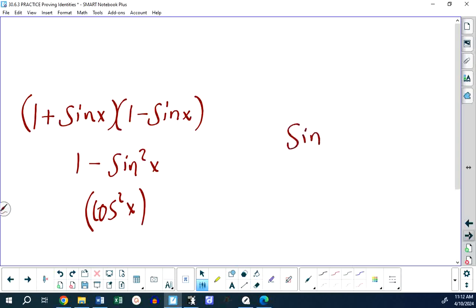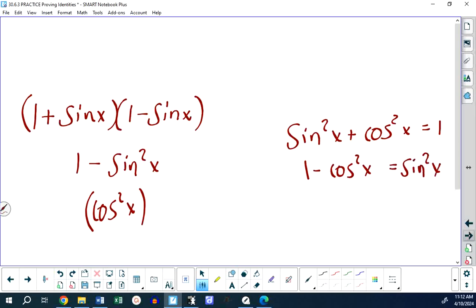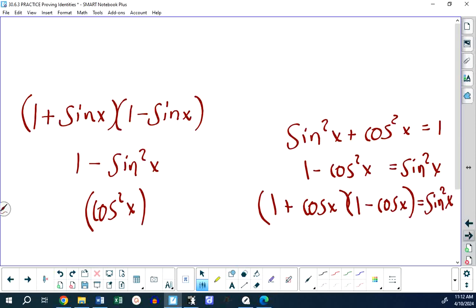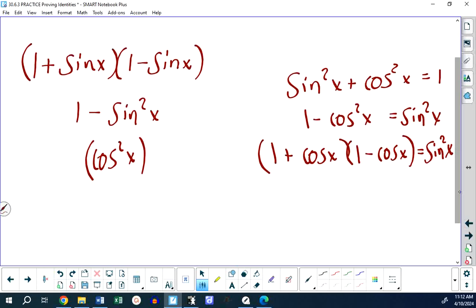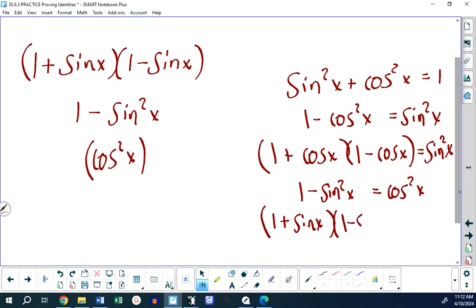Is this identity the same as this identity, which is the same as this identity, that original identity is the same as this, which is the same as this, and I wrote that down awfully quickly, but let me walk you through all of them.